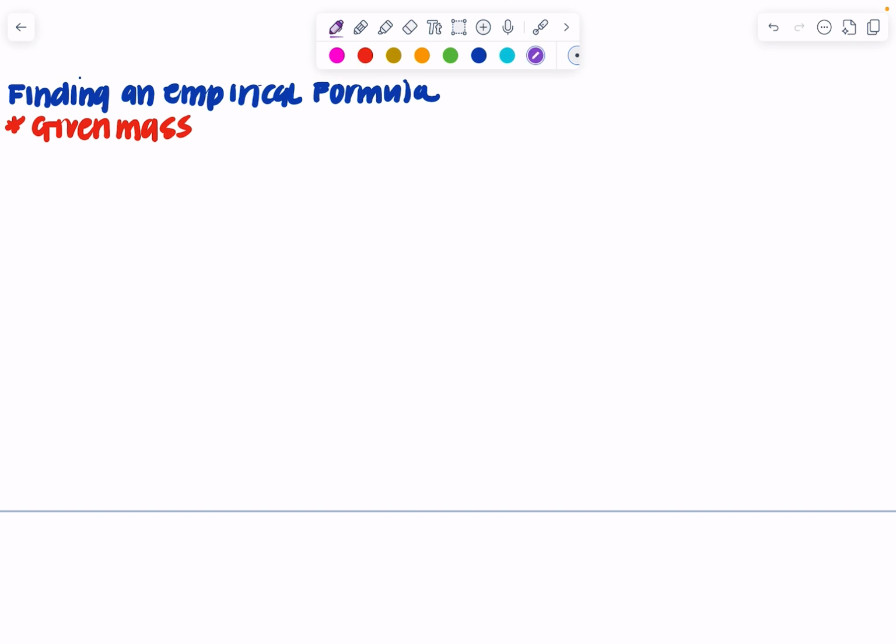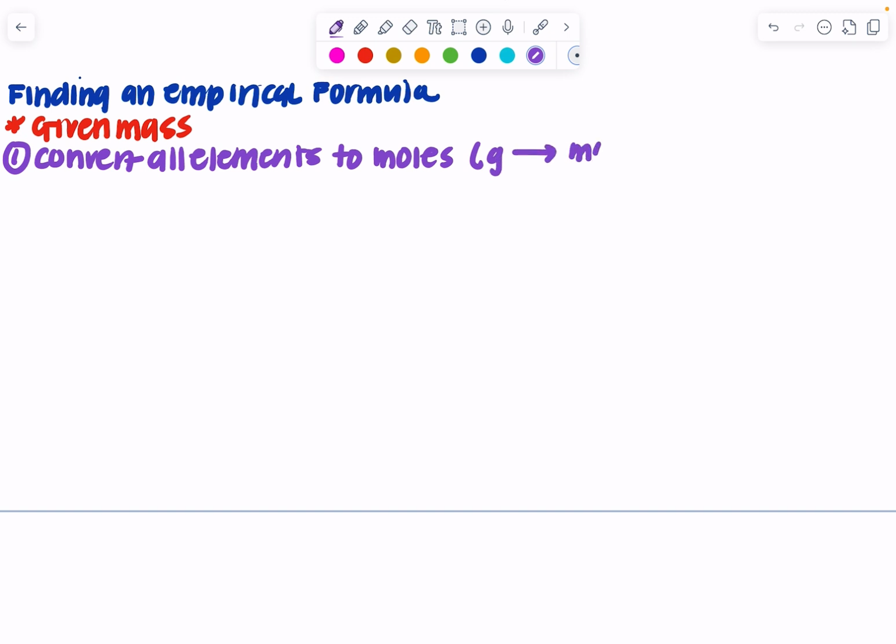The first step is we convert all elements to moles of that element. So we're going grams to moles, and we do this by finding the molar mass.